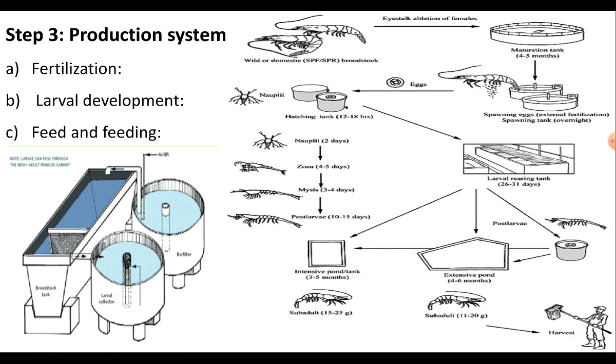After the fertilization and after collecting the berried females, that is the females carrying the fertilized eggs, the berried females are allowed to spawn in the spawning tank overnight, after which the eggs are transferred to the hatching tank, in which the eggs are hatched into larvae.